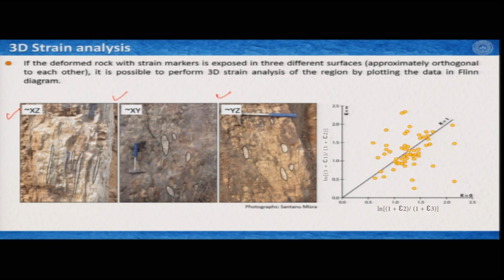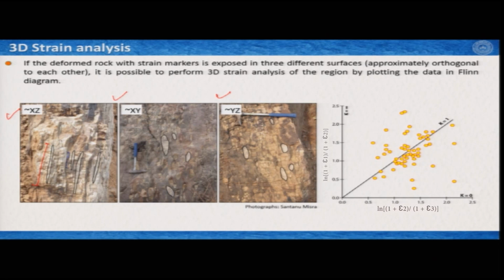As you can see here, maybe not very clear from these images, I highlighted some of these stretched or deformed conglomerates on each plane. What you see here in the xz plane, these conglomerates are extremely stretched. On the xy and yz planes, they appear, at least in terms of their ellipticity, more or less similar.